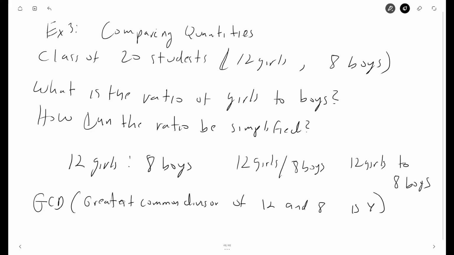Because if you notice, the divisors of 12 are 1, 2, 3, 4, 6, and 12. And the divisors of 8 are 1, 2, 4, and 8. That means that the greatest common divisor of 12 and 8 is, we circle it, 4, because that's the highest we have.